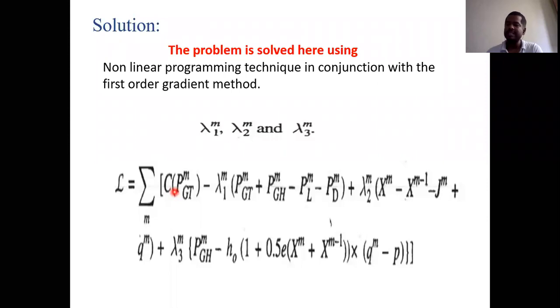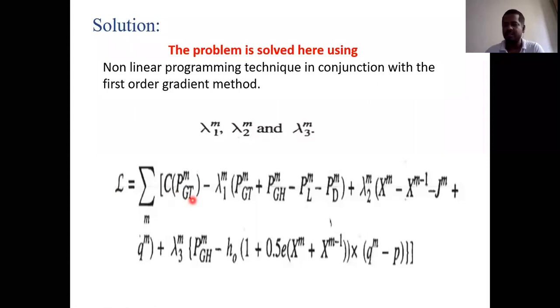From this, we need to get the solution. How to get the solution? We need to differentiate this auxiliary function with respect to the dependent variables. Now, tell me what dependent variables are there in this particular equation. PGTM is one of the dependent variables. Similarly, PGHM is also a dependent variable, and XM is also a dependent variable, because PGTM means power generated in a thermal power plant.